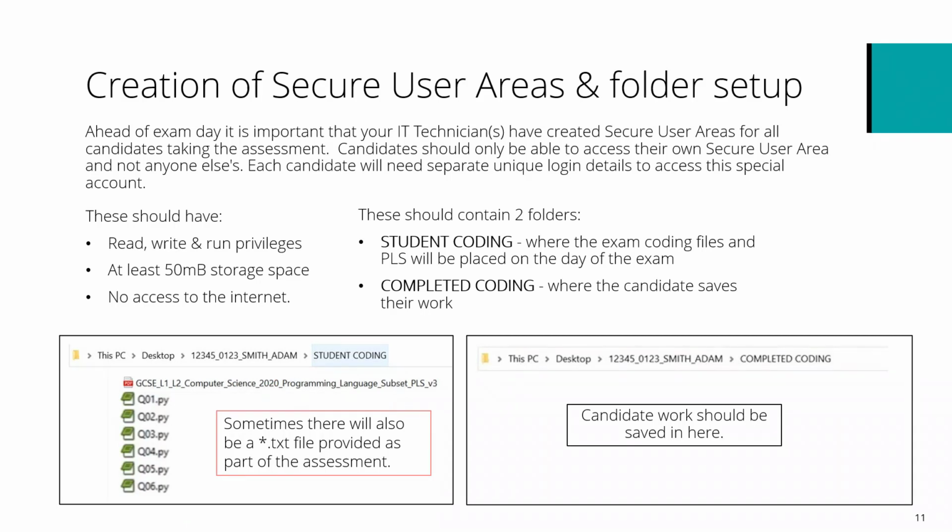But whatever your students are used to, so Mark, in the example of your recent mock where they accidentally overwrote the student coding files, you can absolutely lock the student coding folder so that it's read-only and they can't write into it. So you could put copies of the original seed code files into the completed coding folder and tell them to work from there.